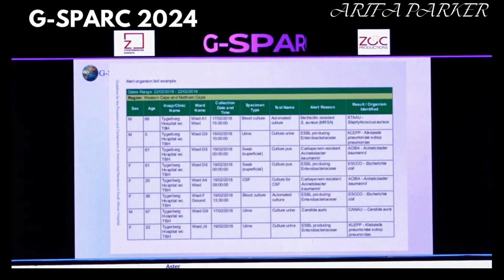So an alert organism report is not surveillance. It has several limitations. Otherwise, you're going to inappropriately use or interpret the data. It definitely does not represent healthcare-associated infections. The samples that are collected are not necessarily standardized.